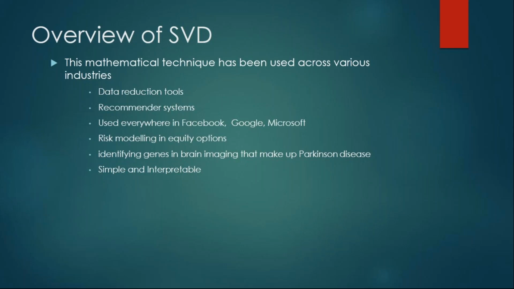It is also used in risk modeling in equity investment, and in identifying genetic markers in brain imaging. SVD is simple and interpretable, meaning we can use it at any time. You have a data matrix, compute SVD, and get interpretable, understandable features that you can build on.